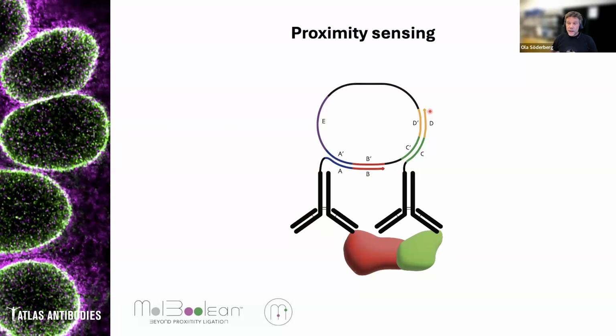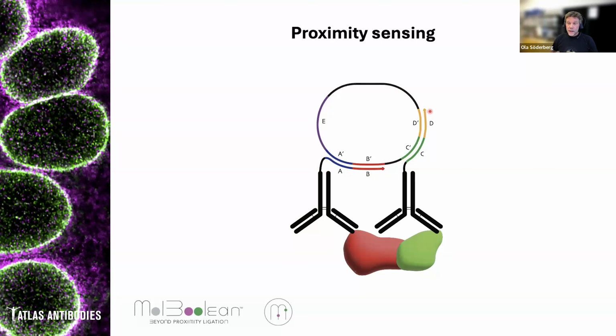This long single-stranded DNA molecule is still attached to the antibody that still binds the protein of interest. Everything is done at 30 degrees or 37 degrees. This long rolling circle amplification product will consist of up to 1,000 repeats of the circle. If you hybridize a fluorophore-labeled oligonucleotide to this RCA product, you will get 1,000 fluorophores per molecule, which means you get a very bright signal.